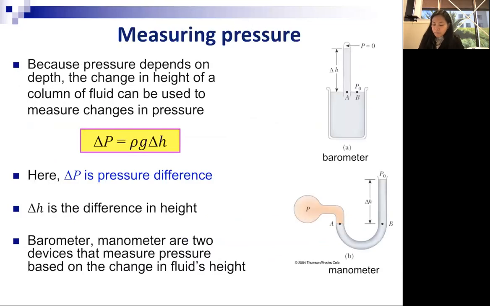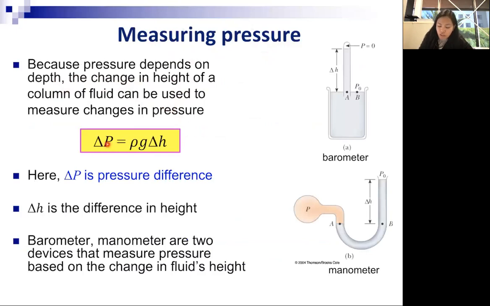All right. So because pressure varies with depth, we can also use that concept to measure the pressure. It says here, because pressure depends on depth, the change in the height of a column of fluid can be used to measure the change in pressure.